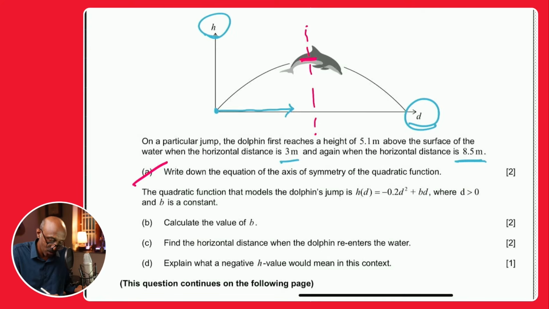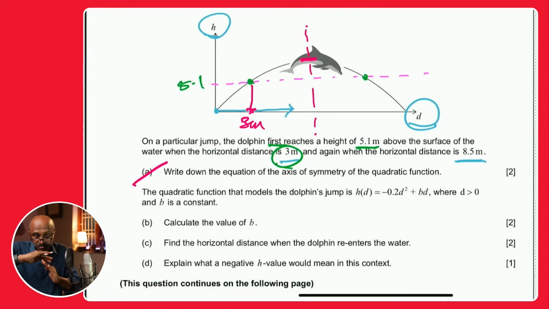If you were to draw a horizontal line somewhere, you know that line is going to meet that quadratic at 2 distinct points. Let's mark this as 5.1, because they have said that it first reaches a height of 5.1 meters at 3. So that value out here is 3 meters.